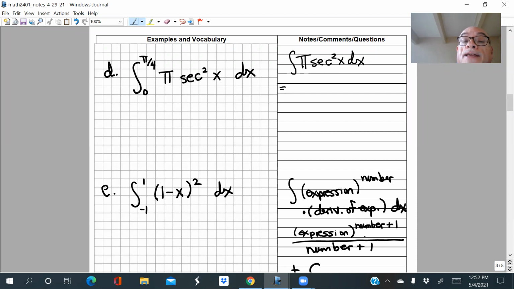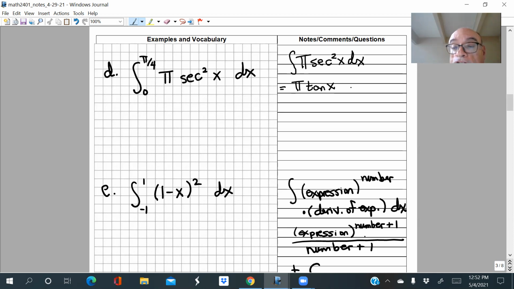So yes, the derivative of tangent is secant squared, which means the antiderivative of secant squared will be tangent. So this antiderivative is easy to write down. Just keep the pi, because that's just a constant. So it's just pi times tangent of x. This looks like it could be a terrible antiderivative, but it's really easy if you remember that tangent's derivative is secant squared.